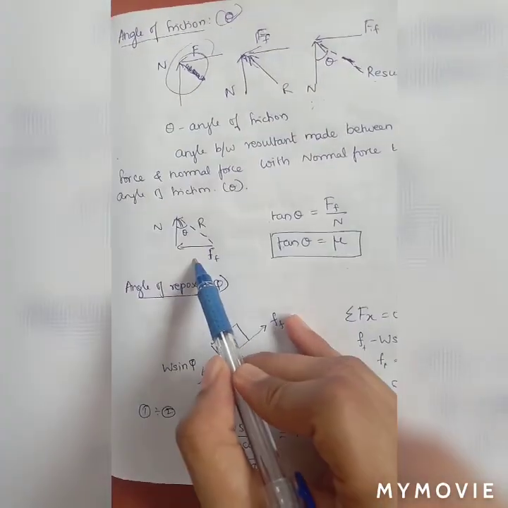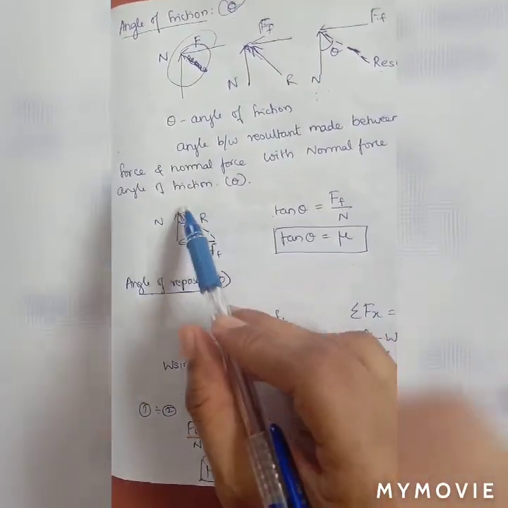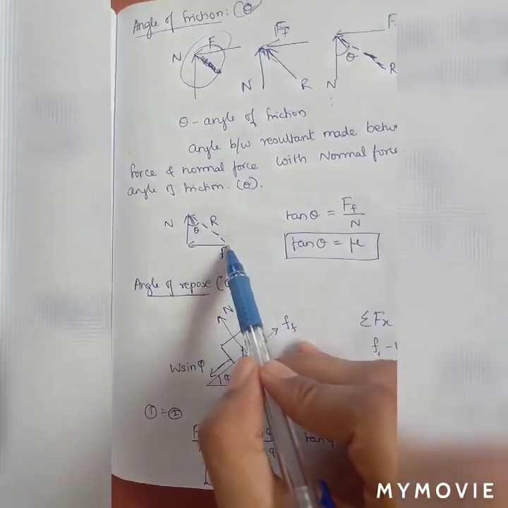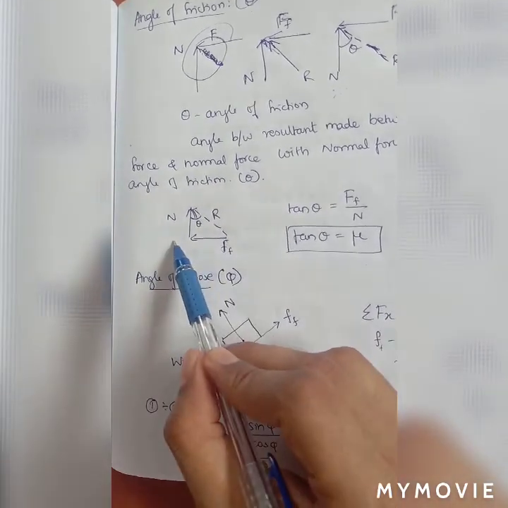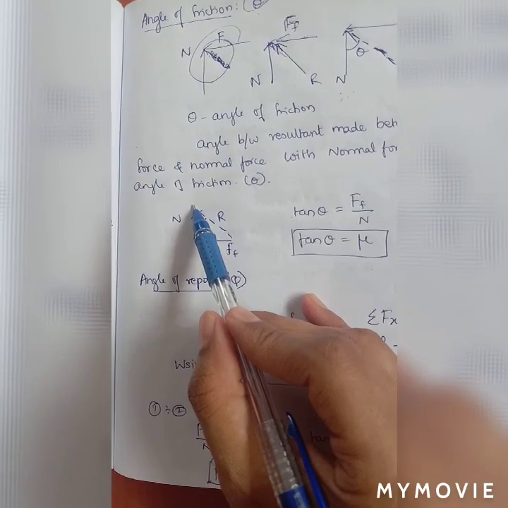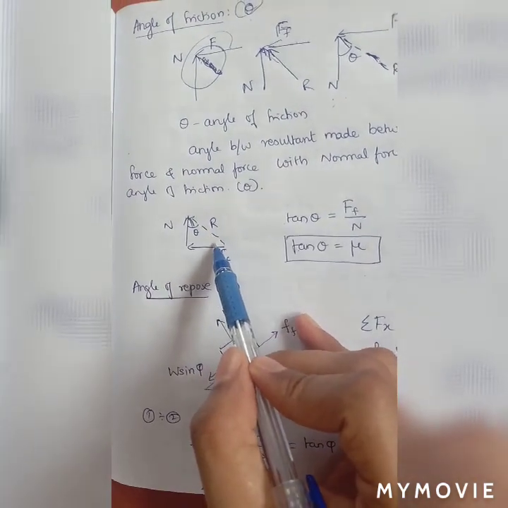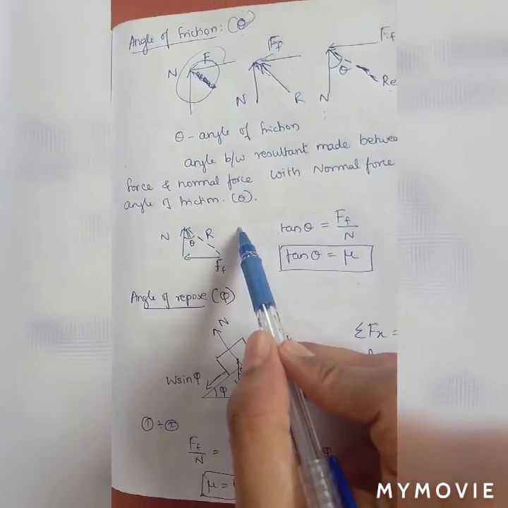So here, using the triangle law of forces we have discussed in the first unit, right? This is your frictional force acting towards your left side and this is your normal force acting upward. So the resultant force will be in the closing direction.